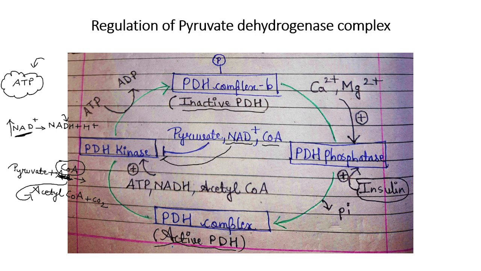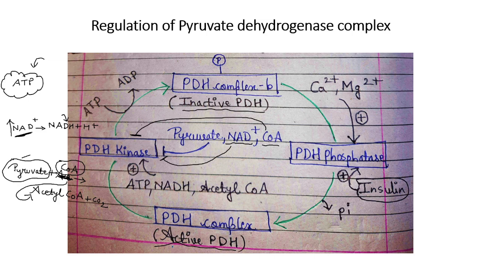For pyruvate oxidation to occur, we need to inhibit PDH kinase enzyme, because PDH kinase enzyme is inactivating the pyruvate dehydrogenase complex. So inhibition of PDH kinase should occur, and this is what it is doing. And then a similar role is played by pyruvate. Pyruvate is the substrate of pyruvate dehydrogenase complex.